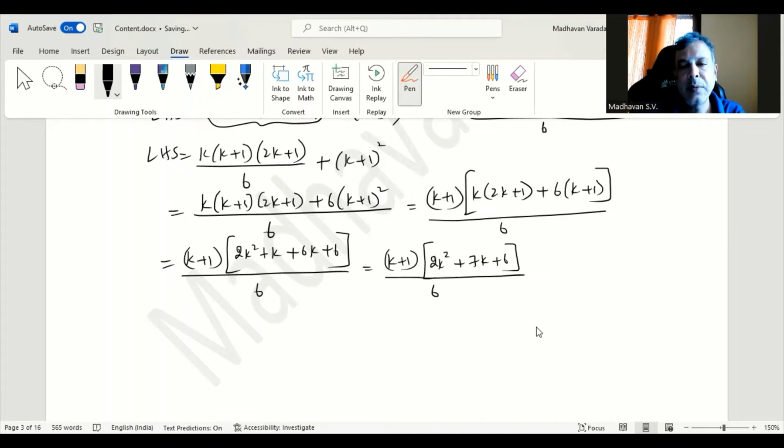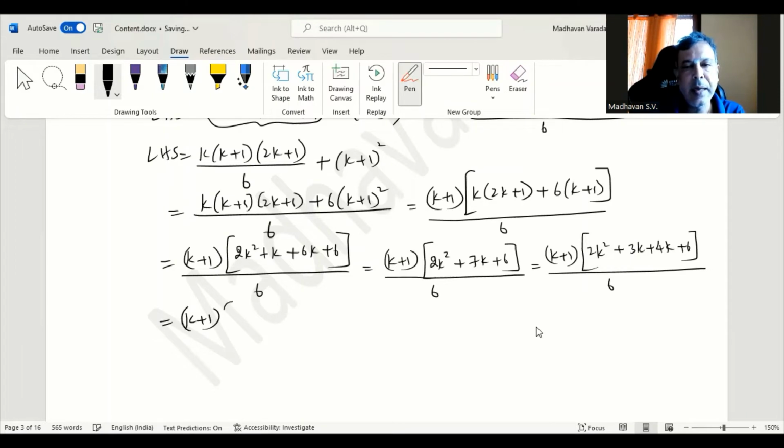Divided by 6. Now the numerator can be factorized. We can write it as 2k square plus 3k plus 4k plus 6 divided by 6. So now this can be again rewritten as, in the first two terms, the common is k, so we can write it as 2k plus 3.